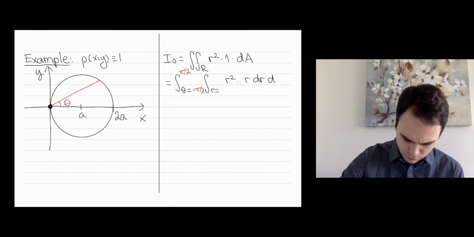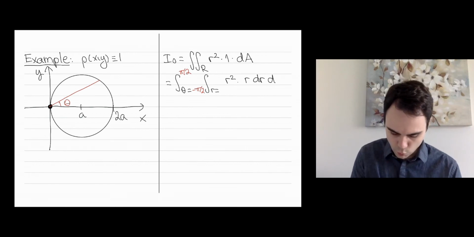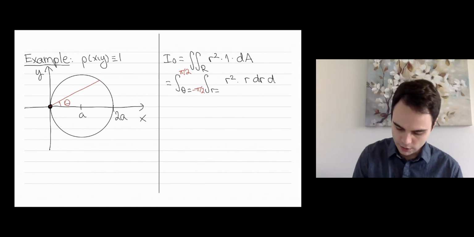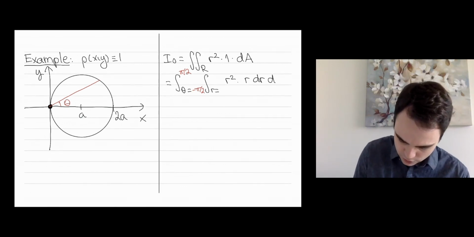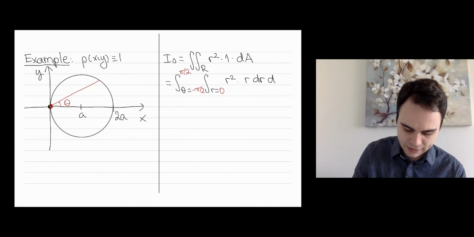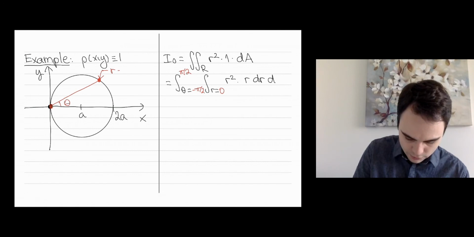And I have to understand, when I fix that angle and I shoot out a ray with that angle, R immediately enters the region. So the lower bound for R is 0, because I entered the region immediately when R is 0, and I leave the region at this point. Question is, what is R here?